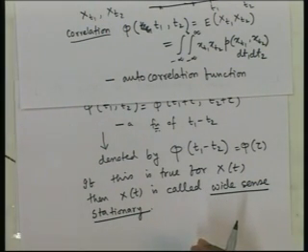Now, we have been discussing from the beginning only real random variables, that is, the mapping is into the set of real numbers, but we can also consider complex valued random variables, and everything is the same except for some minor changes in the definitions, like the definition of covariance and correlation. Whenever there are two random variables coming in the expectation, one will be the conjugate, that is all the difference.